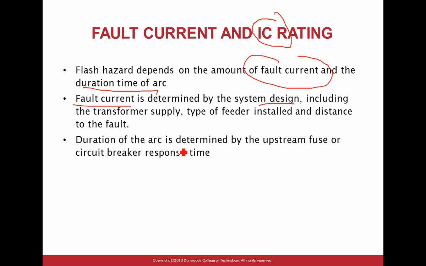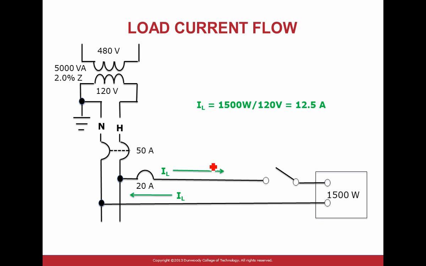Duration of the arc is determined by the upstream fuse and circuit breaker setting. So the lower the setting of the fuse, the less arc flash you have. And you guys, at what you do, probably don't have control over this. Okay, a simple circuit like this, guys, is probably a 20 amp control circuit.